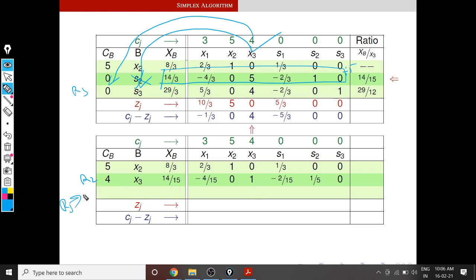R3 goes to R3 minus 4R2, because R2 already has 1. We have to convert all other entries in the entering column to 0. To convert them to 0, what do we do?